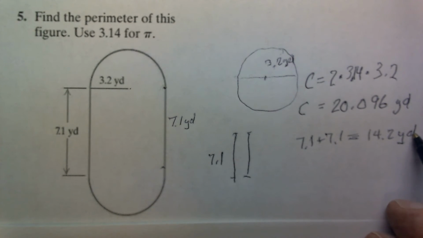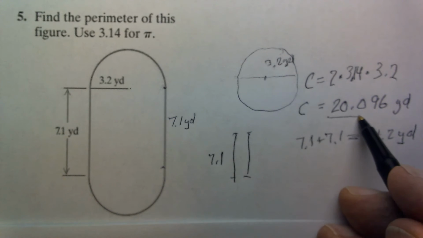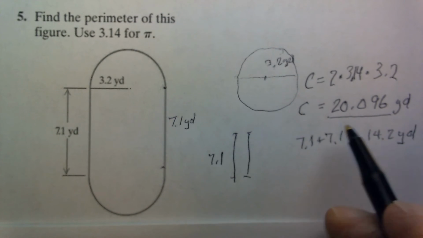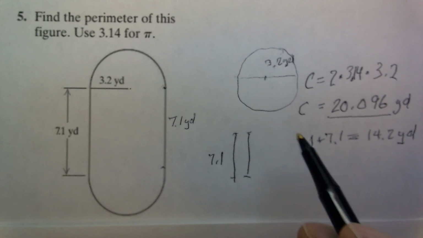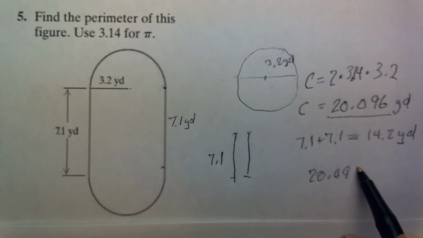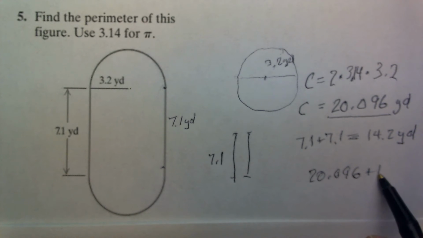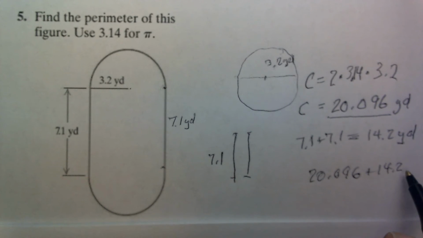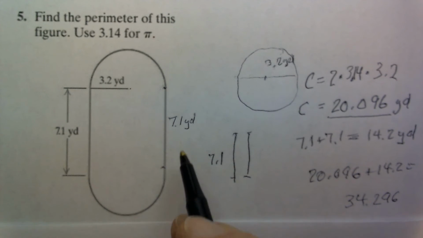So when we add the circumference, in other words, the two half circles giving us a full circle, plus the two vertical lengths, we have 20.096 plus 14.2, and that's equal to 34.296 yards. Everything is in yards.